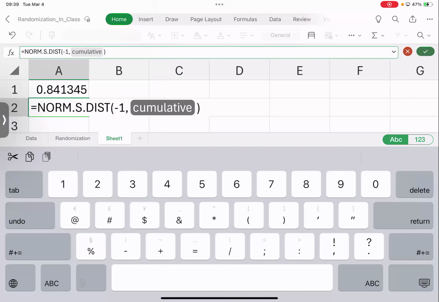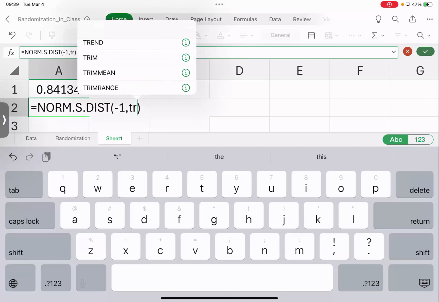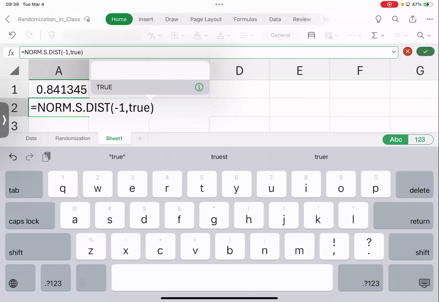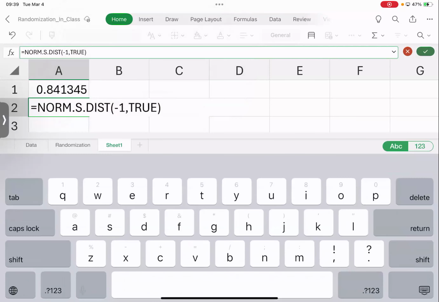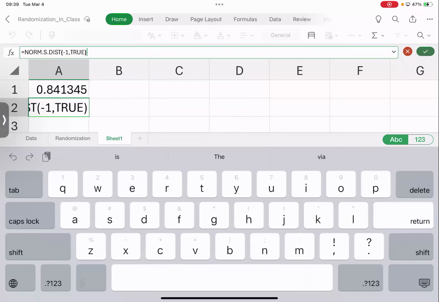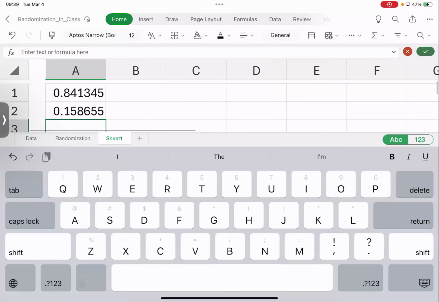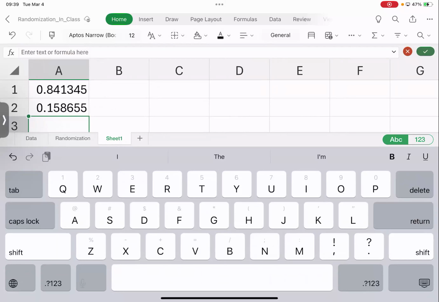Cumulative equals true. There. I don't know about you, but 0.158655 looks a lot like 0.16.